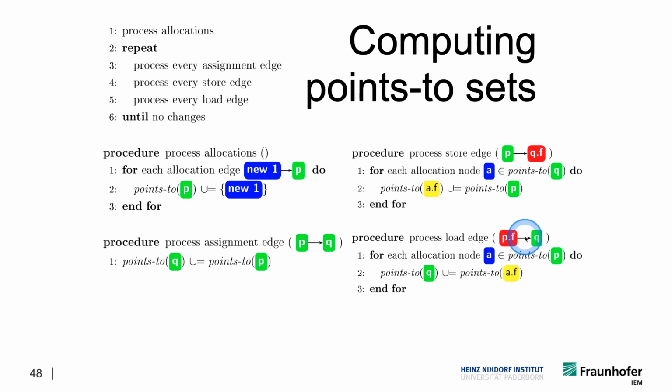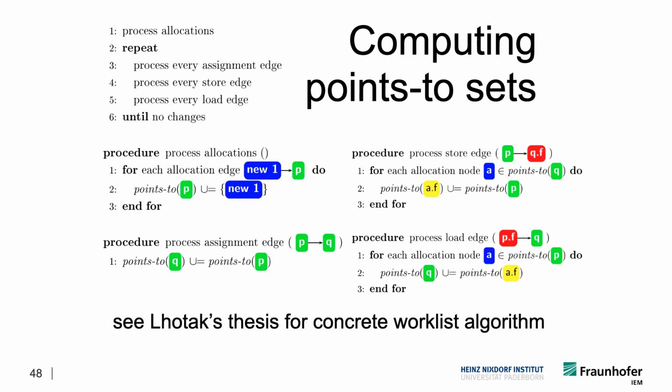And then at a load, we do exactly the opposite, right? So again, we list all the different allocations here on the left-hand side for P. And then we are creating concrete allocation nodes for them. And we are here doing the opposite assignment. And you're welcome to take a look at Ondrej Lhotak's master thesis for the concrete work list algorithm, which still implements this in a more imperative style, in case you're interested in that.